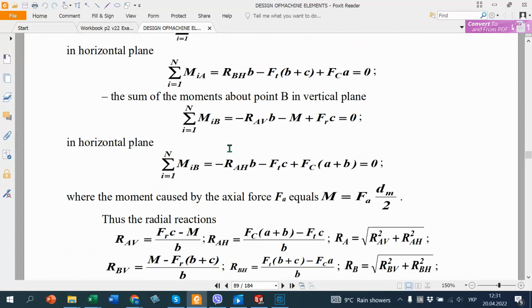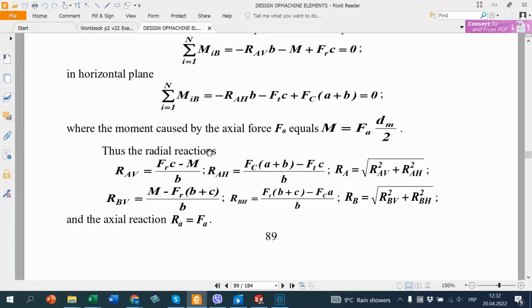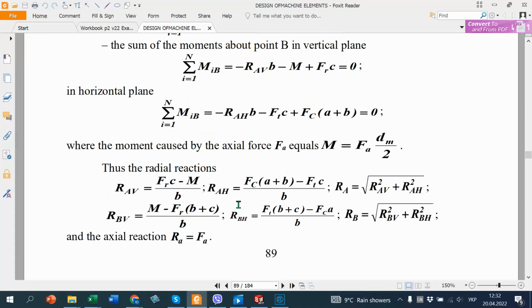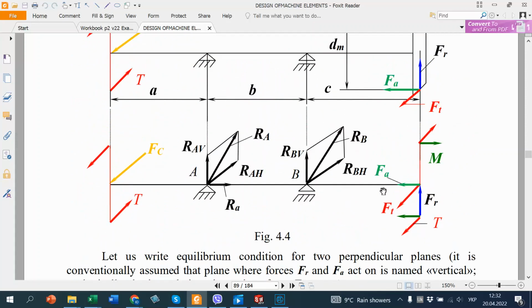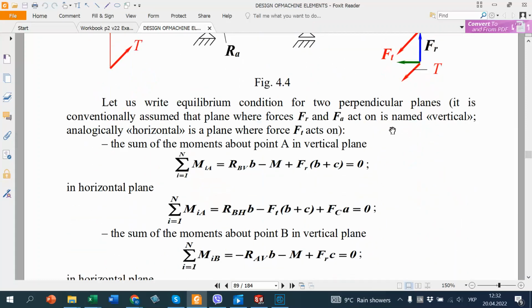And according to these equations, we'll have radial reactions in vertical plane and horizontal plane in points A and B. Moment, radial force and tangential force create like this. Then, what is the FC value?